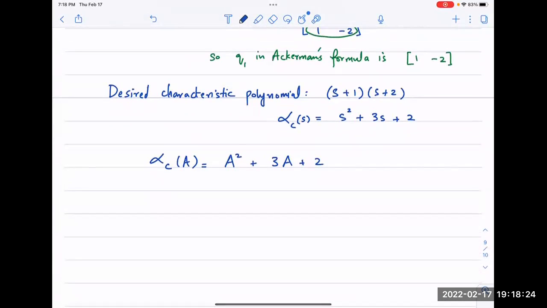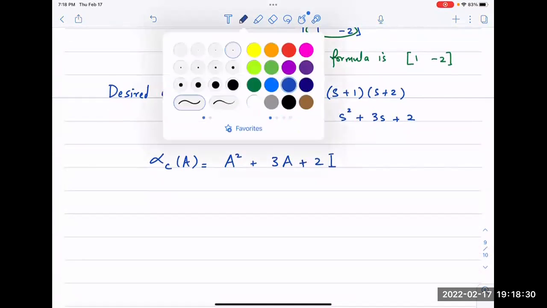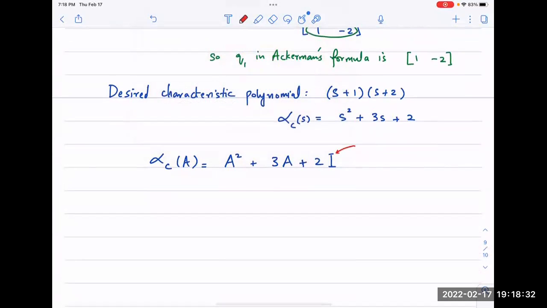I mean, you cannot do 2 because it's a number and you're doing a matrix operation, so you have to put I here. It's an identity, because of the matrix function.